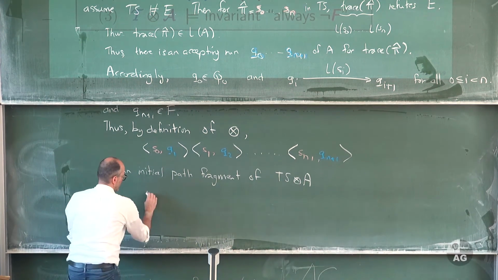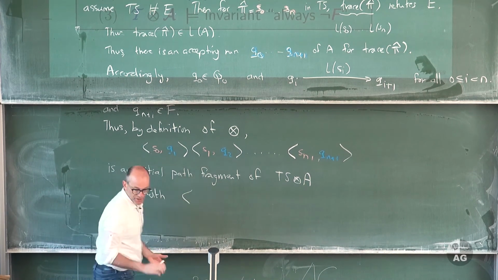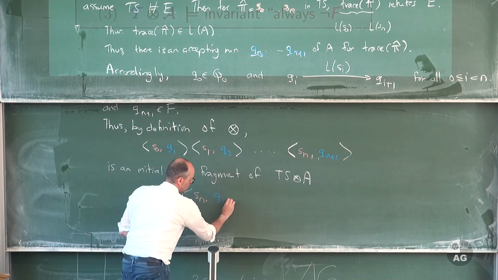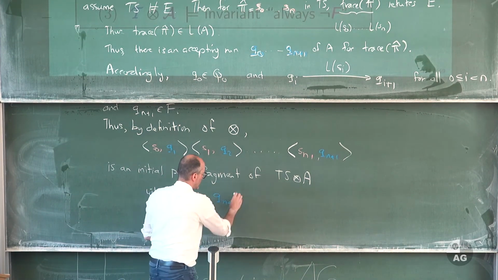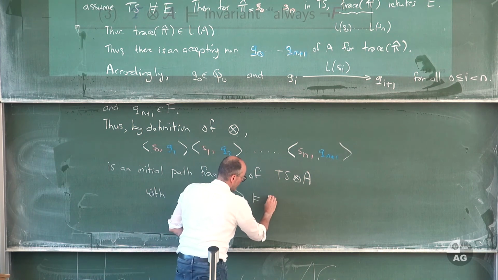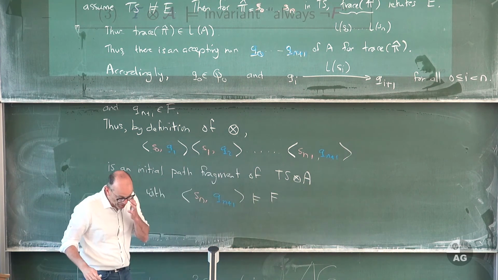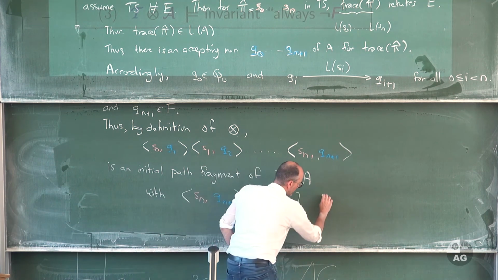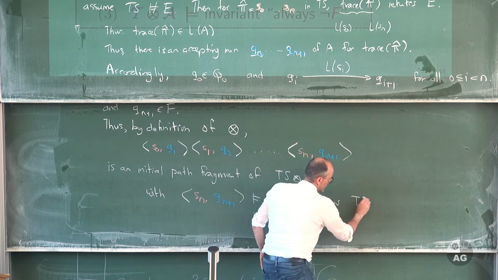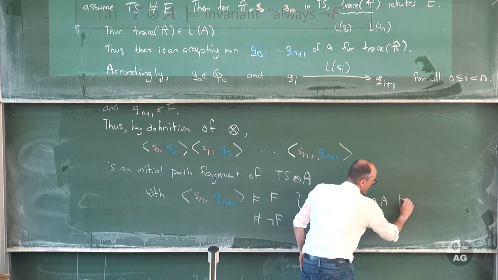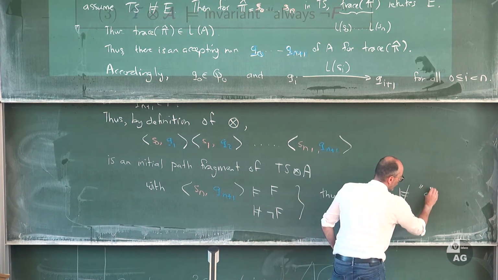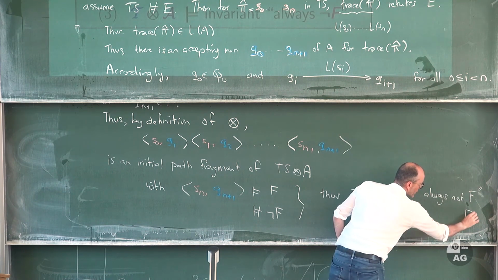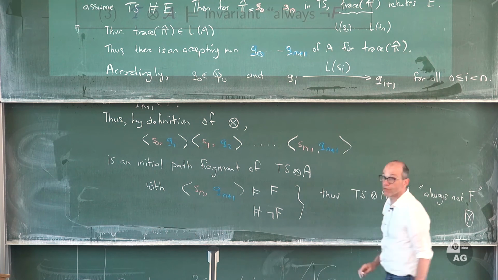In particular, this last state satisfies F, so that means it violates not F, and therefore TS times A violates the property always not F. And that was actually exactly the negation of 3.